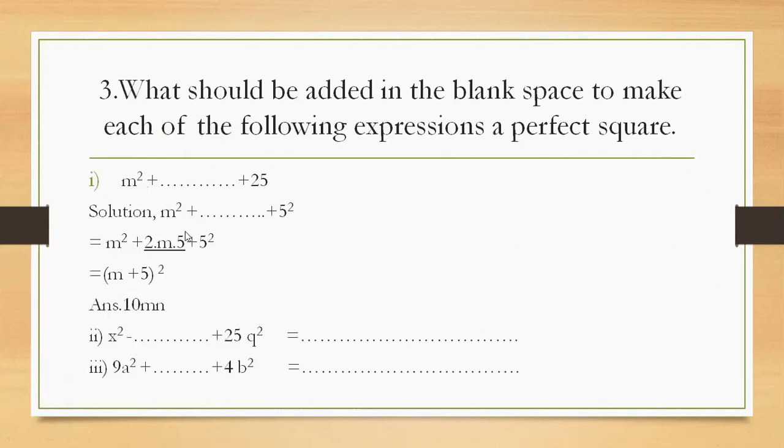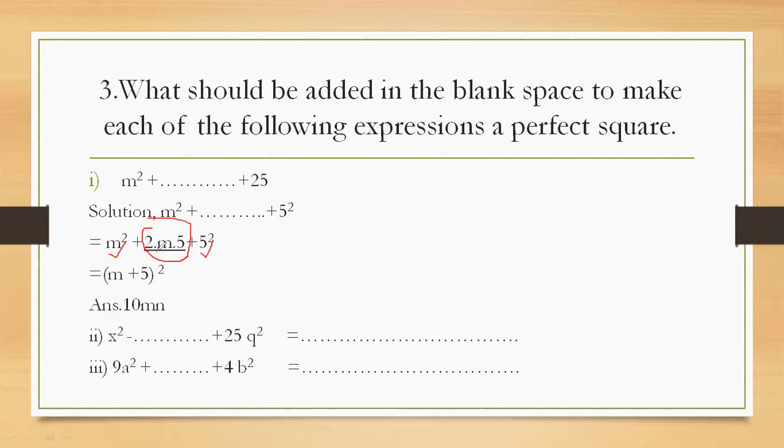Similarly, here in question number 3, look here. The question is telling us to fill in the blanks to make it a perfect square. Look here. The first one is m square, this is a square, and this is b square. We need the middle term 2ab. We fill in here 2 into m into 5.